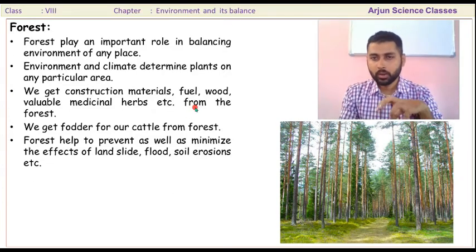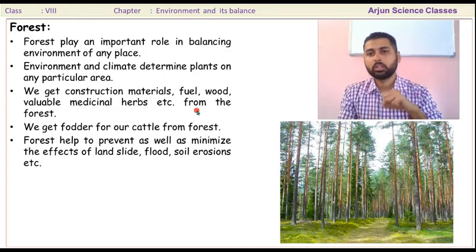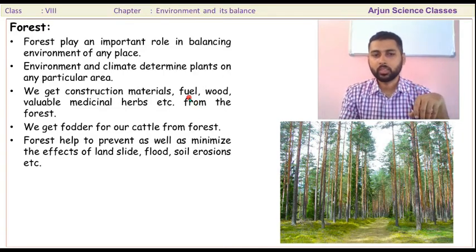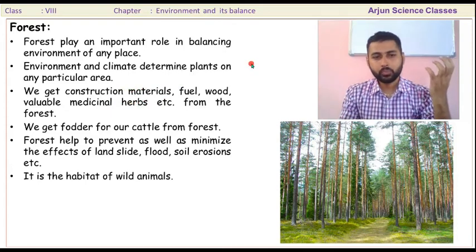The roots of the plants hold the soil tightly, and this helps to prevent landslides, floods, and soil erosion. I have already told you it is the habitat of wild animals.